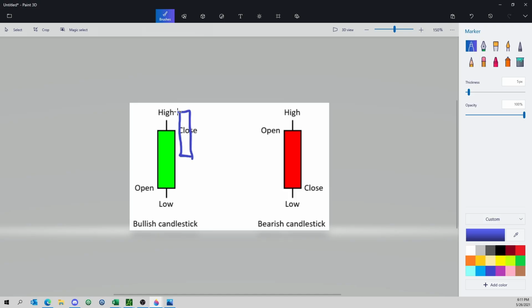But what happened, it hit this level here and sellers took control back over. They then pushed the price all the way down below the low of the other candle. So what this shows us is buyers came in, but sellers took control back over and pushed it all the way down past the low of the previous candle.